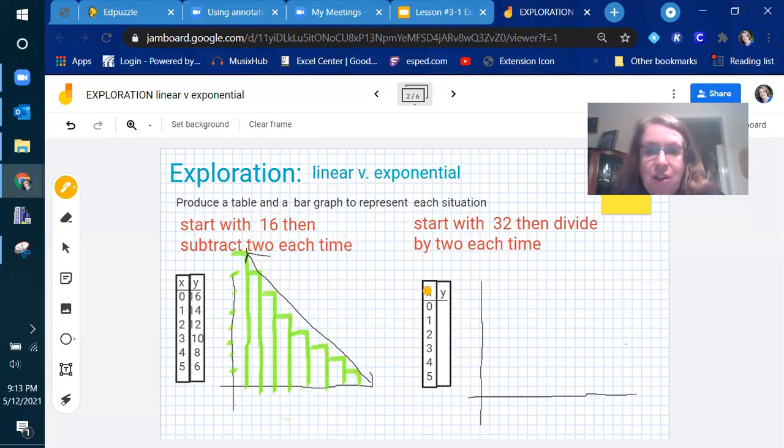And let's take a look at this one. Now, I have got a different starting number. I've got to start with 32. And this time I'm going to divide by 2. Now, another way to think of divide by 2, let me just talk about these words. Another way to think of dividing by 2 is taking half of something.